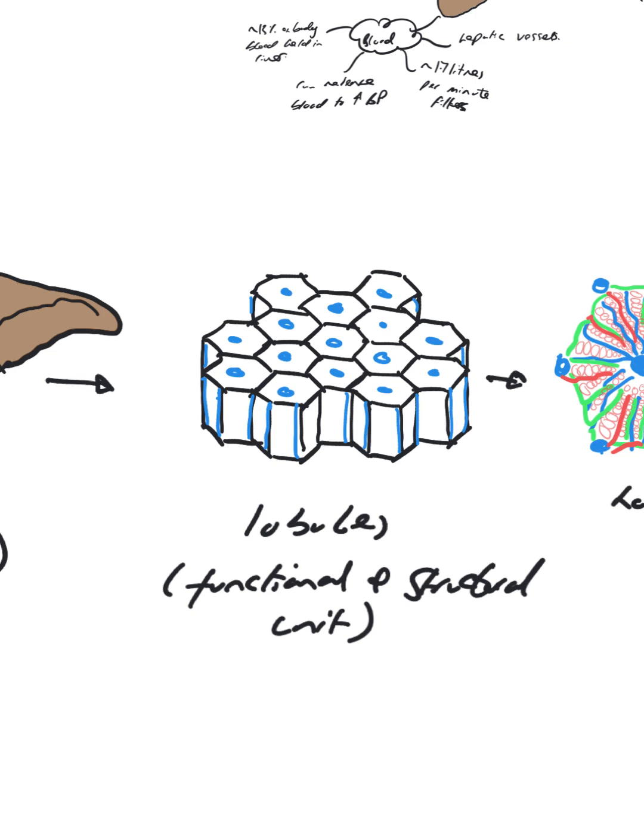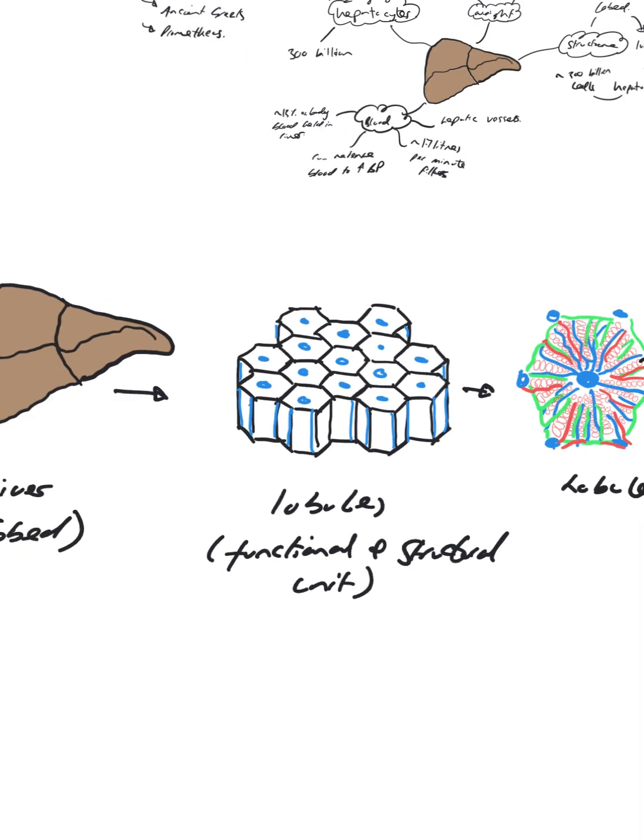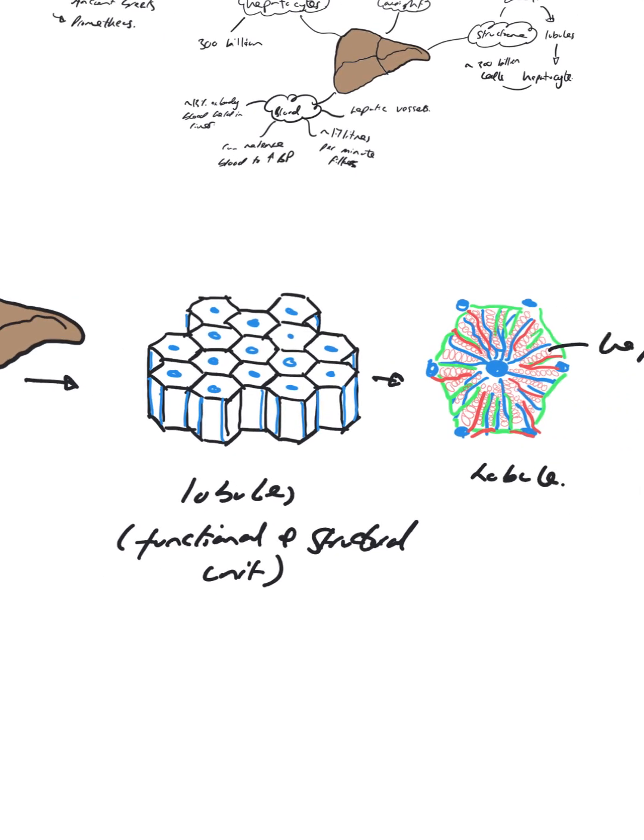Now, as we can see here, this lobule itself is made up of a number of different structures. So actually we can see that you have got the hepatocytes, and that these hepatocytes are surrounded by a number of vessels. So we have our hepatic venule in the middle, and we then have our branches of our hepatic artery, which we can see in red.